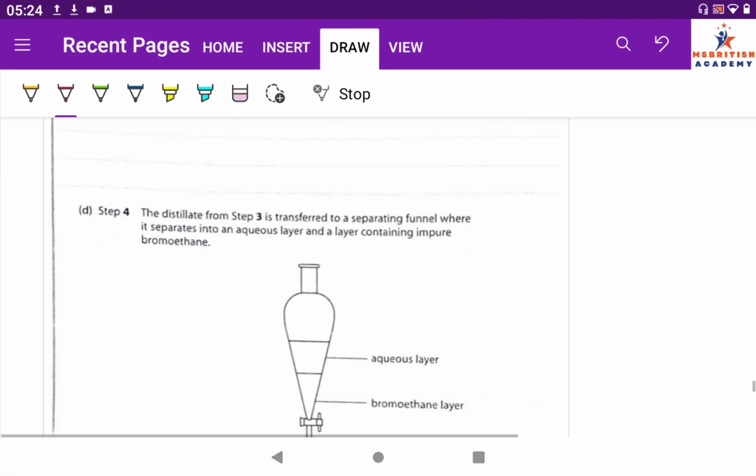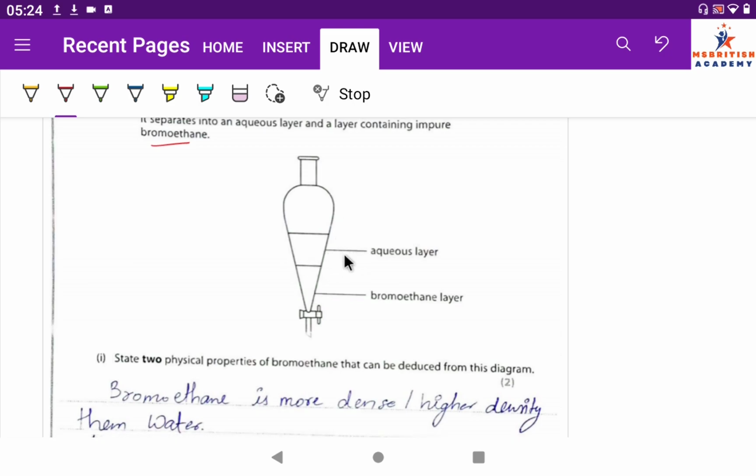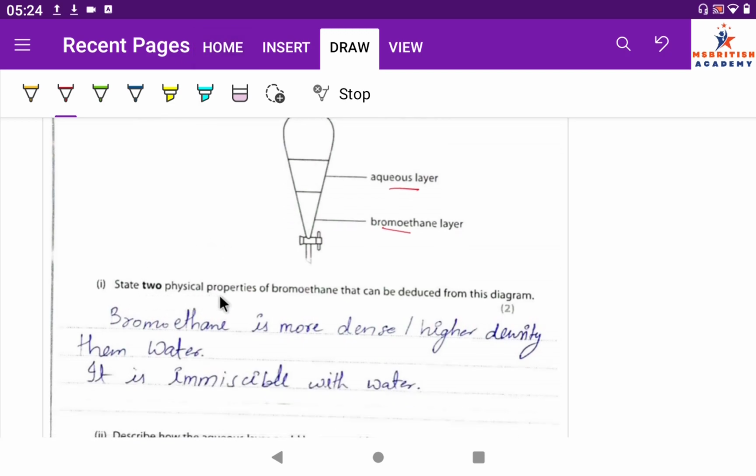So now the step 4. Distillate from step 3 is transferred to a separating funnel where it separates into an aqueous layer and a layer that contains impure bromoethane. So the upper layer is the aqueous layer and the lower layer is the bromoethane layer. So state two physical properties of bromoethane that can be deduced from this diagram.